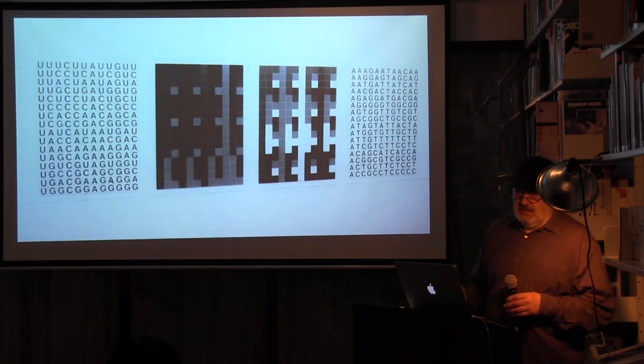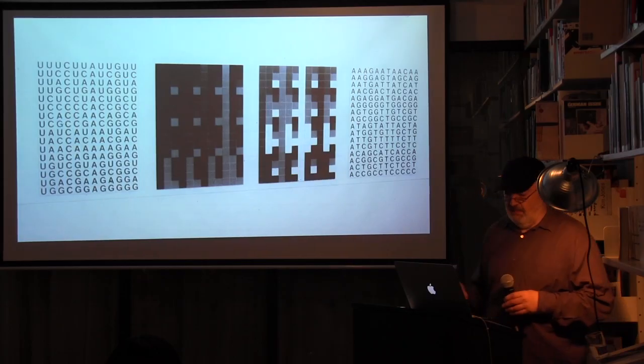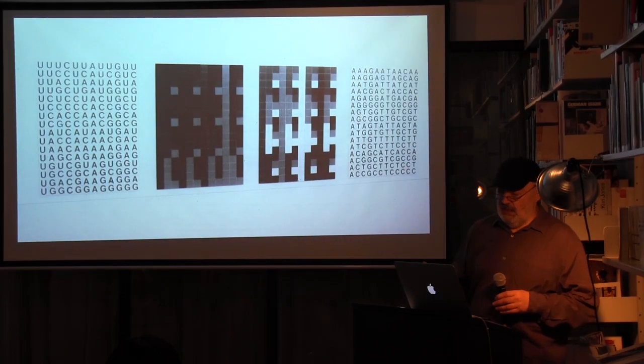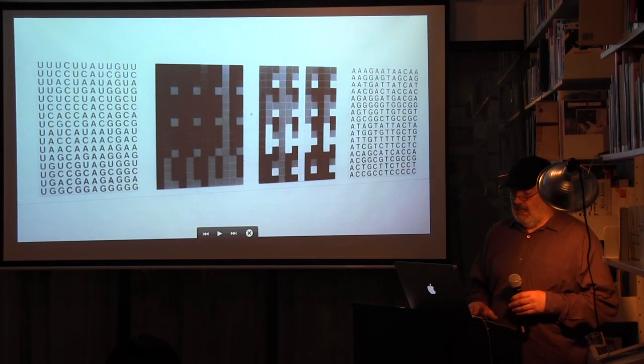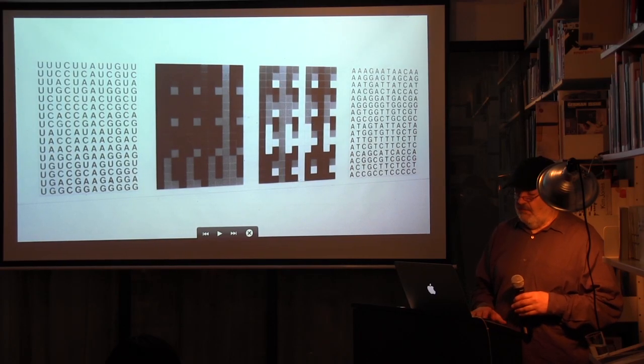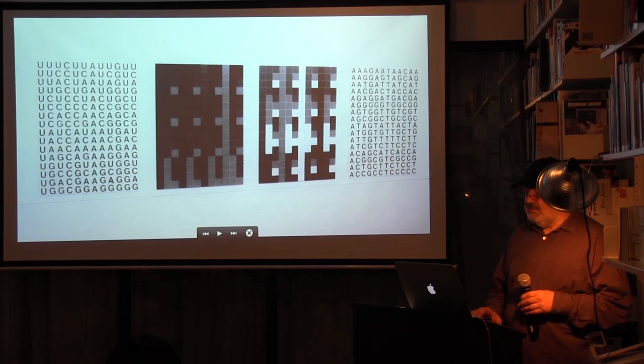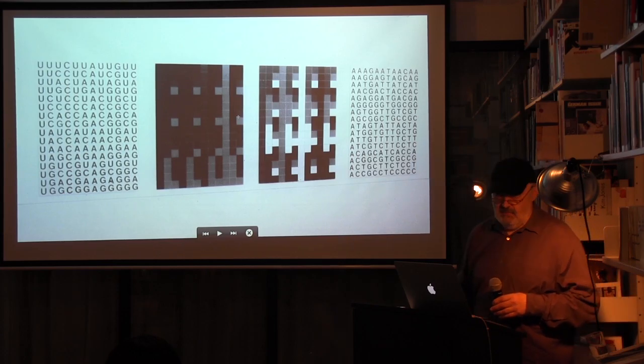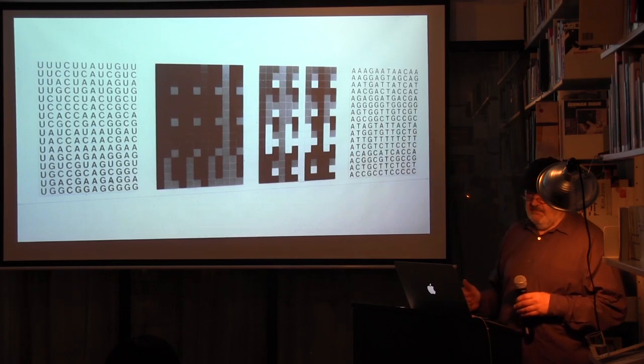And this is the proposal. Here we see what we have today, the alphabet representation of the genetic code in RNA form and one of the DNA forms, and the visual representation that I will be presenting here.